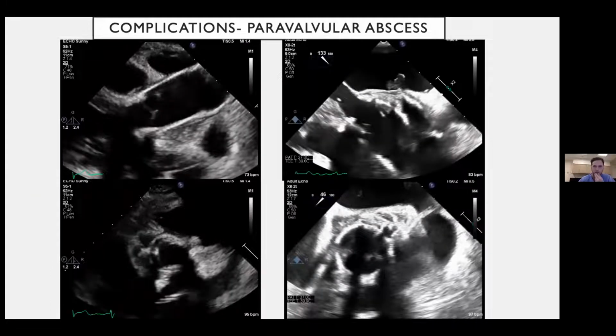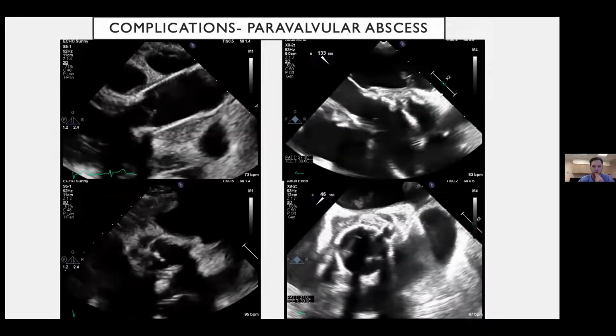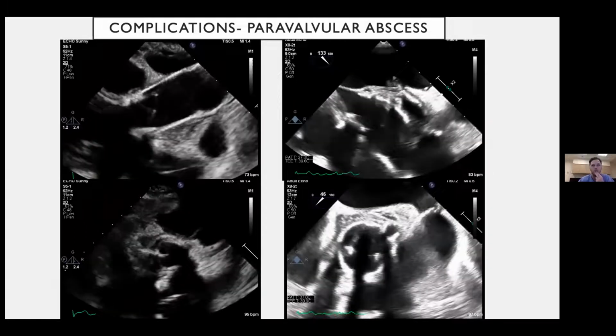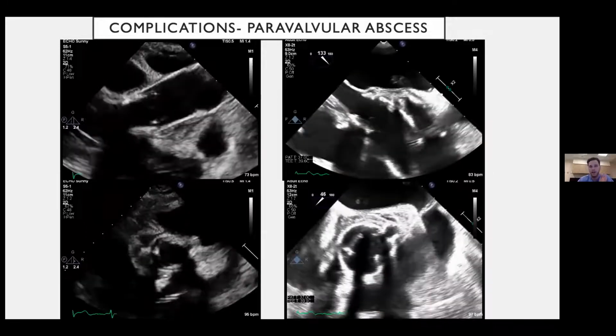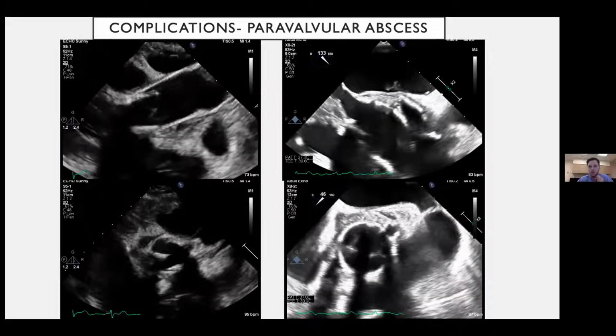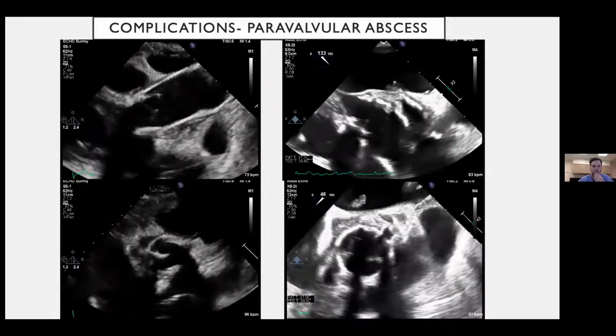So paravalvular abscess is another complication to be on the lookout for. There's a clear predilection of abscess for the aortic valve, the aortic root. The mitral aortic intervalvular fibrosa is also a common location.